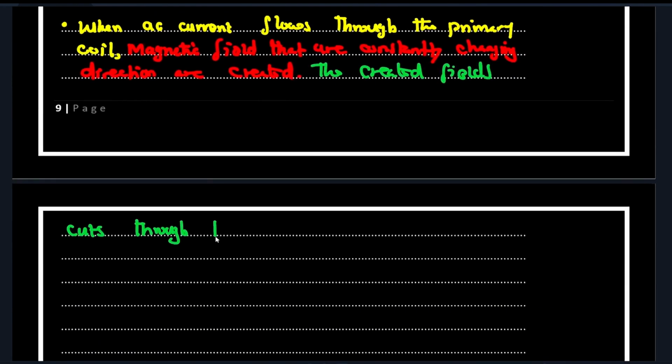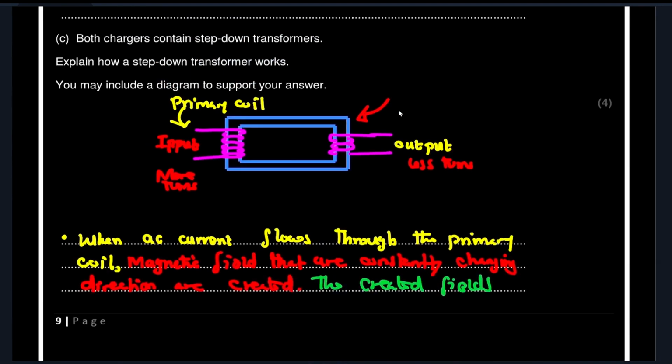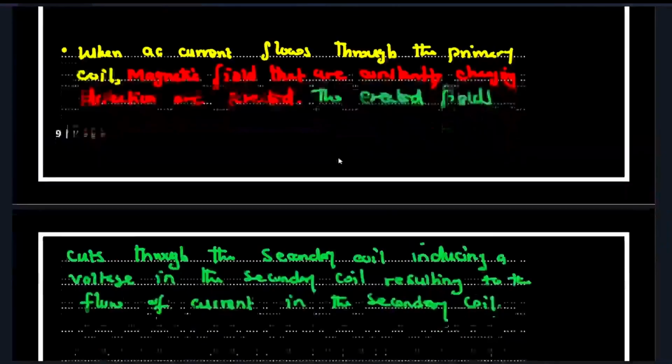This magnetic field cuts through the secondary coil, inducing a voltage in the secondary coil, resulting in a flow of current in the secondary coil. Yeah, this is the secondary coil that we are talking about.